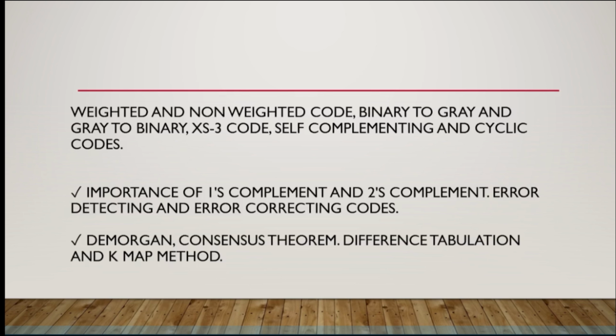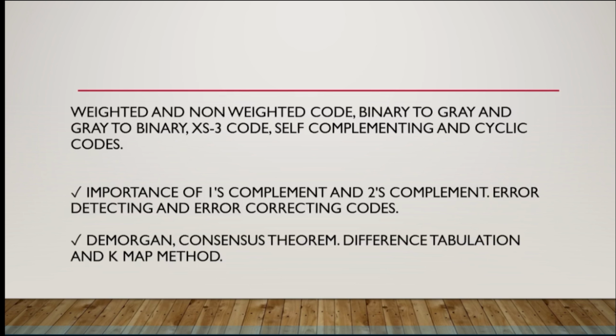Coming to the second important concept, you need to know the importance of one's complement and two's complement. You also need to have information on error detecting and error correcting codes.